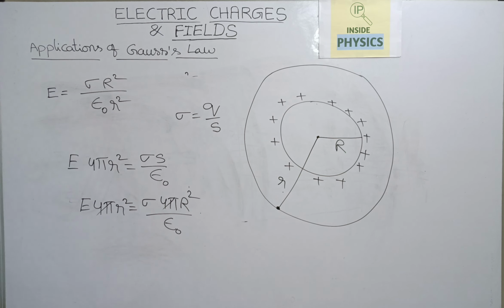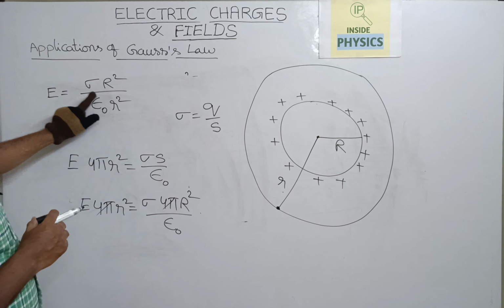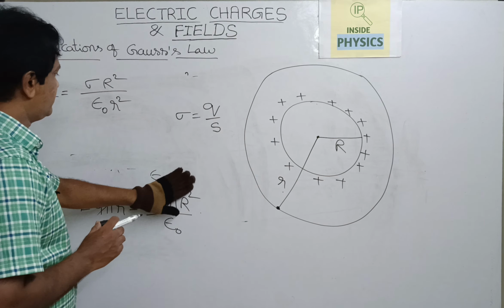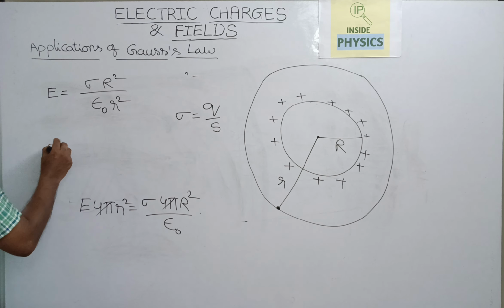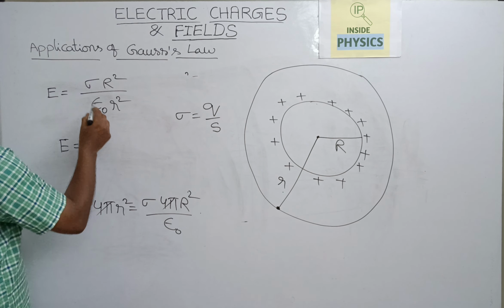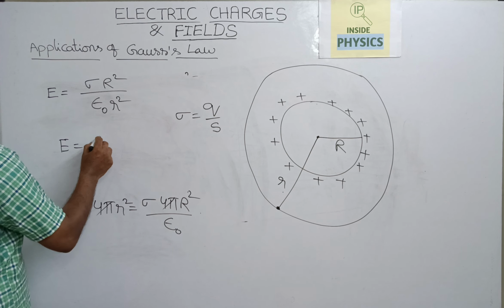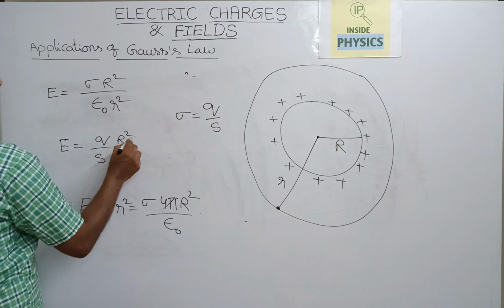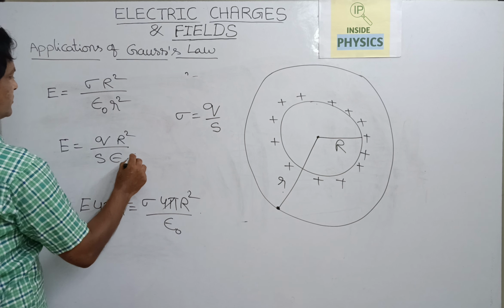So what is sigma? Again Q by S, right? So from this what we can write? Electric field is equal to, sigma means Q by S, so Q by S into R square by epsilon naught r square.